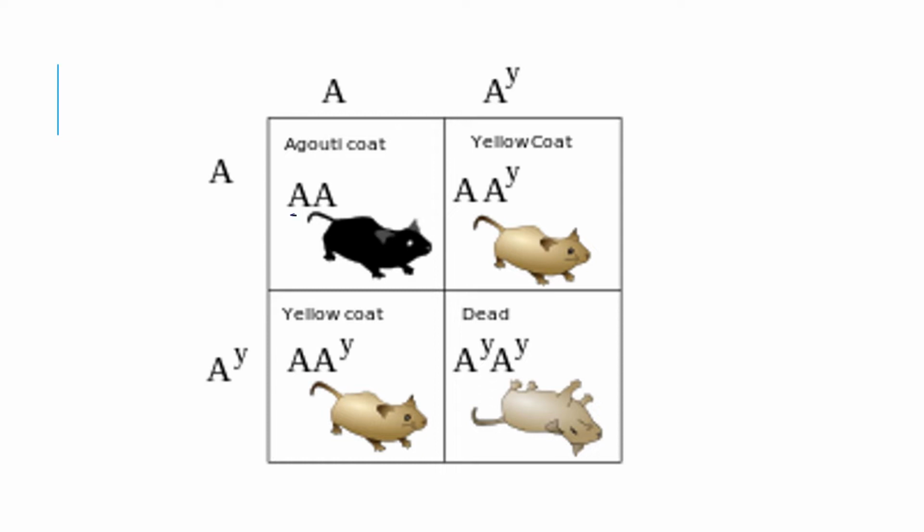The individual with homozygous dominant will have agouti coat. The individual with heterozygous dominant will give you yellow coat, and the individual with both homozygous recessive alleles will die. So the ratio will be 1 is to 2. So 2 is to 1 for dominant lethal and 1 is to 2 for recessive lethal. Let's move ahead.